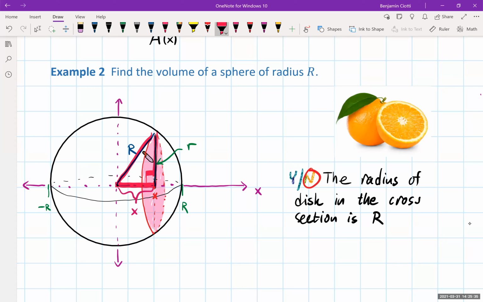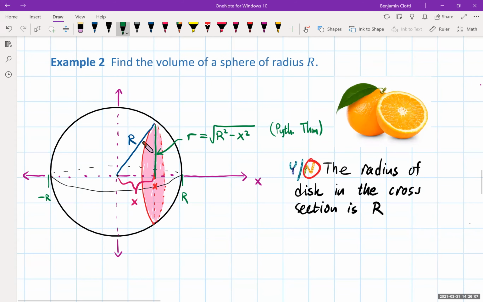So I can just do the Pythagorean theorem to figure out what little r is. And when I do that, I will find that little r is the square root of big R squared minus x squared. So that's via the Pythagorean theorem. And by the way, that was the hardest part of the problem, just now. So let me know if someone wants an explanation on something.